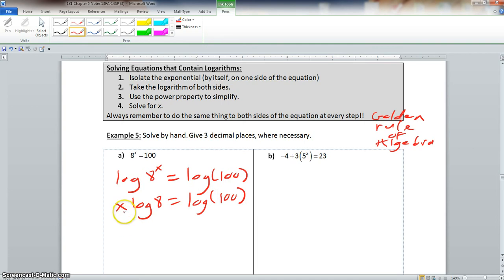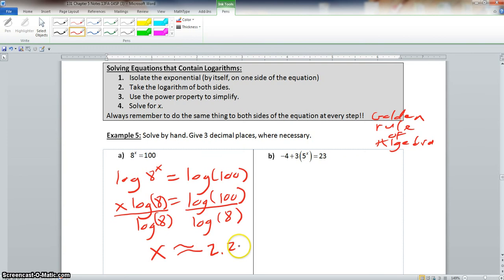Now we could divide each side by log of 8. And then we will have x, and when we put this in our calculator, it will give us an approximation of 2.215. And that is our final answer.